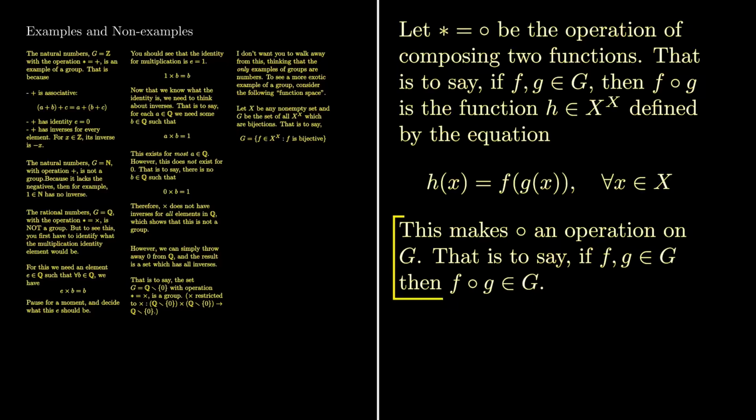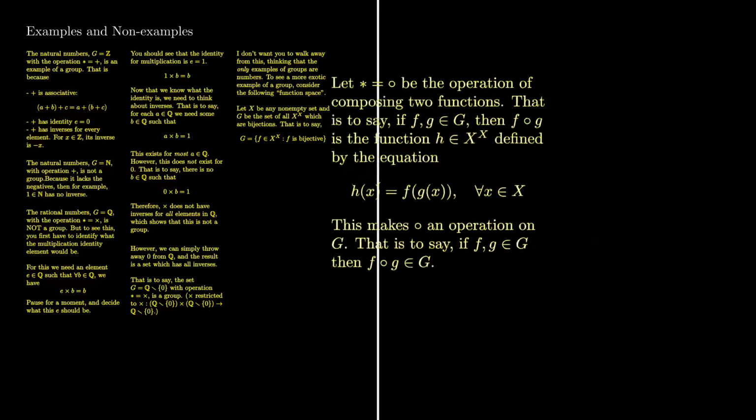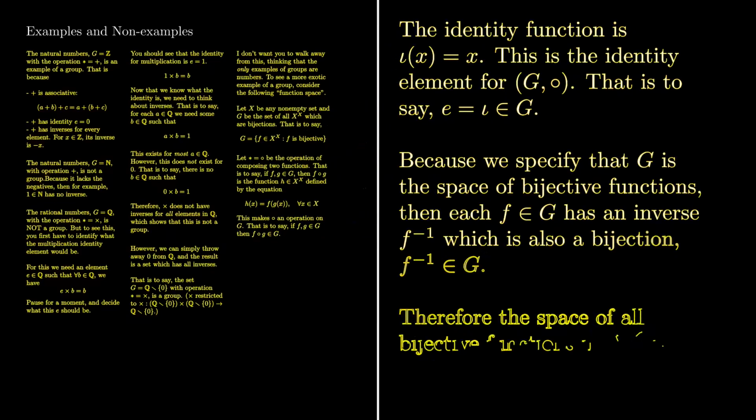And this is, again, something that should be familiar from discrete mathematics, but it is in fact true that when you compose together two bijections, the result is a bijection. So anyway, that confirms my claim that this operation is, in fact, an operation.